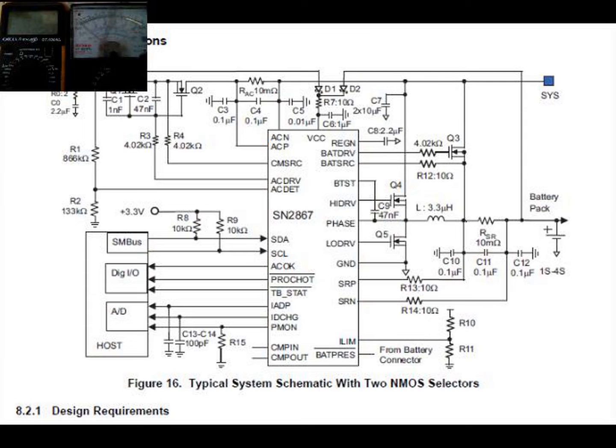So using this recommended installation, we can analyze one by one the pins of the IC, how each pin works and how each pin is connected with other components on this motherboard.